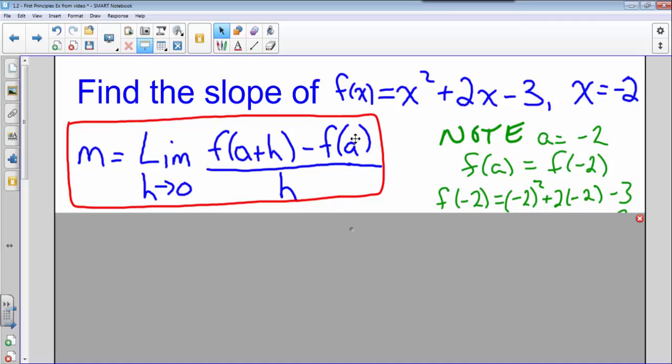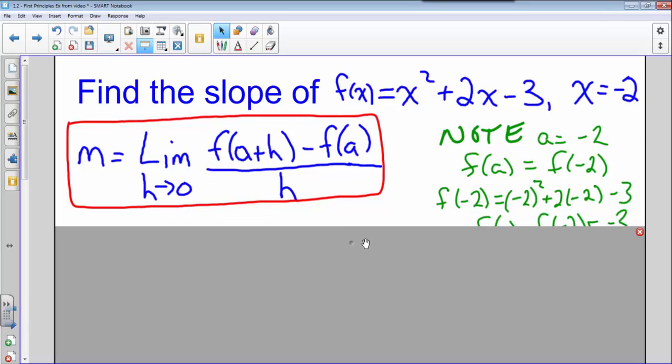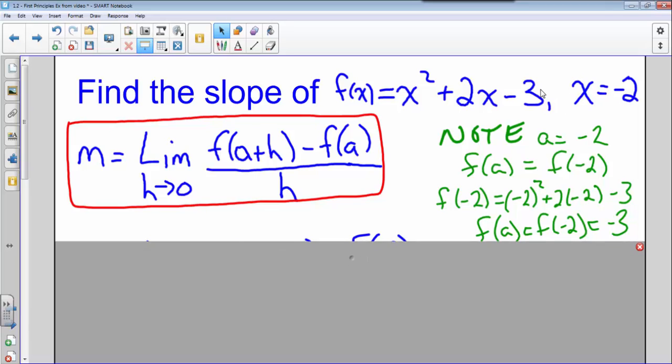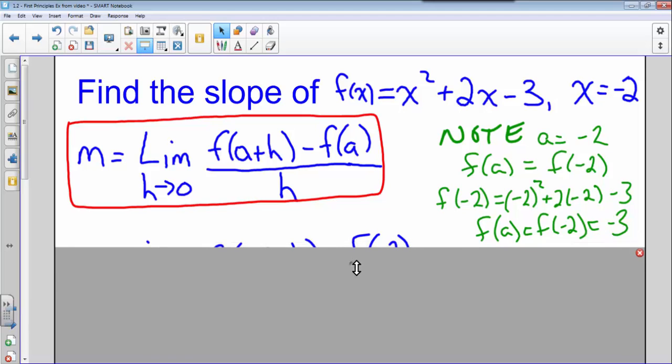This is the y value at x equals negative 2, and h is the gap between the two x values. And so a little note off to the side, a is negative 2, f at a is equal to f at negative 2, and if we calculate that value, negative 2 in here squared is positive 4. 2 times negative 2 will be negative 4, and minus 3 gives me a value of negative 3.